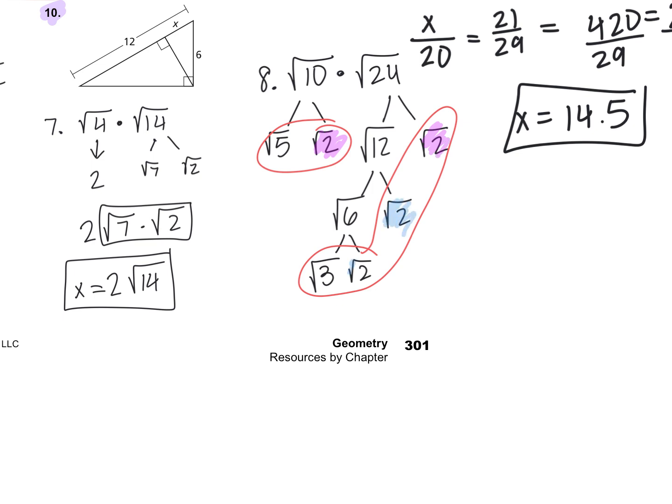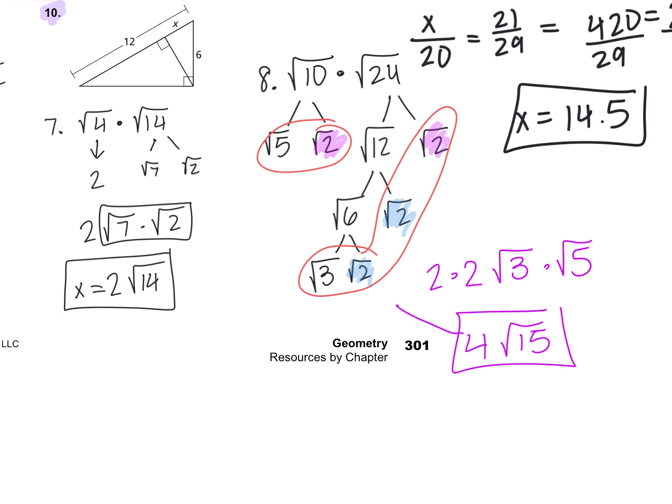Then I have radical 2 and radical 2. That's two pairs. So I'm going to have 2 times 2, the square root of 3 times the square root of 5. I can evaluate this. 2 times 2 is going to give me 4. The square root of 3 times the square root of 5 is going to give me the square root of 15. I cannot simplify this anymore, and this would be my answer.